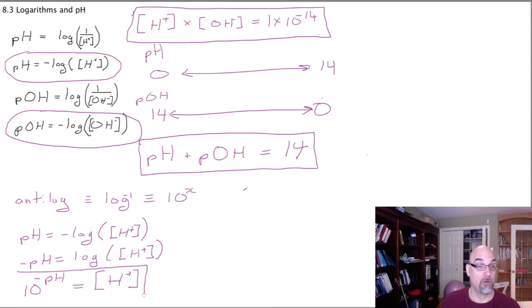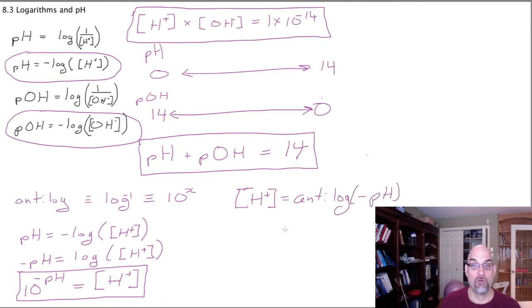Okay. So I'm going to write this out all three ways. My molar concentration is equal to the anti-log of the negative of the pH, which is the same thing as saying the log inverse of the negative of the pH, which is the same thing as saying 10 to the power negative of the pH. So depending on your calculator, you'll probably have just one of these.